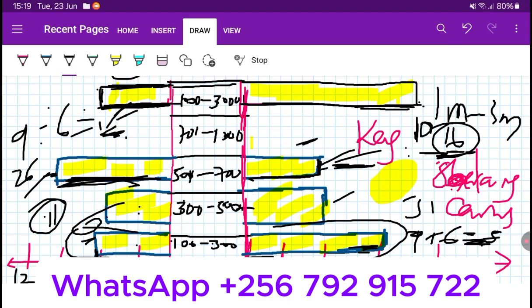So that's all that I wanted to talk about as far as simple bar charts are concerned. We are done with bar charts, especially the simple ones. So what we are going to look at are the compound bar charts.